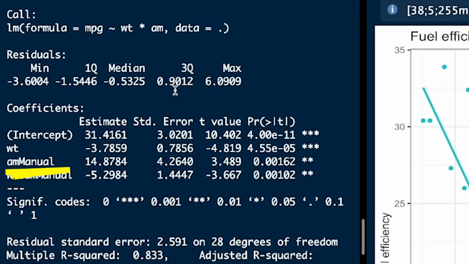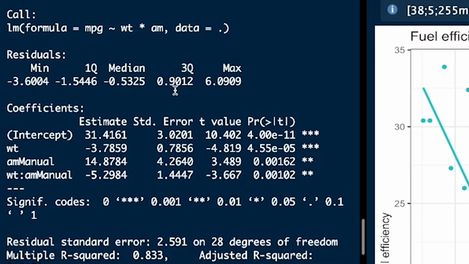The AM manual is very similar to what we talked about in the other example. This is if you were to change from automatic to manual. If everything else was kept equal and the only change was moving from an automatic car to a manual car, there would be an increase in fuel efficiency of 14.9, or 14.87, miles per gallon. Okay, that makes perfect sense.